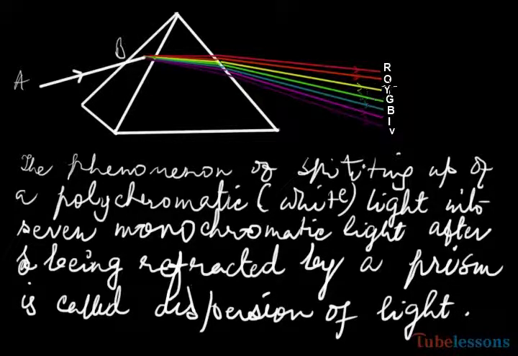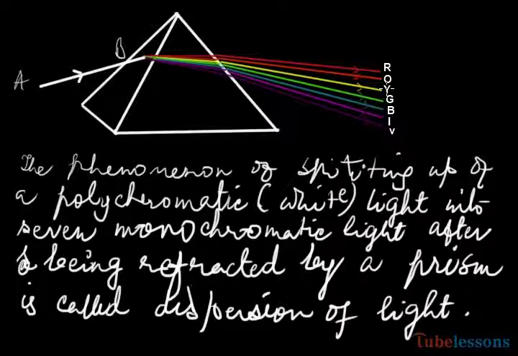This 7 colored band is called spectrum. So what is spectrum? Spectrum is a band of 7 monochromatic light, violet to red. When a white light passes through a prism, gets refracted, a 7 colored band is formed, that is called spectrum.